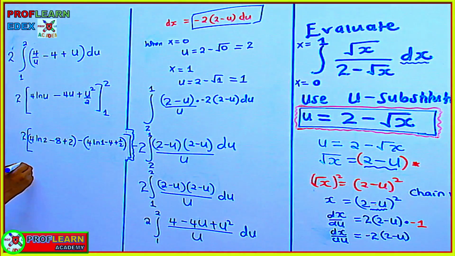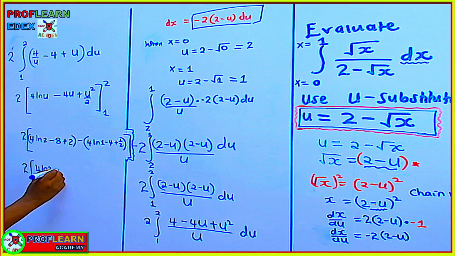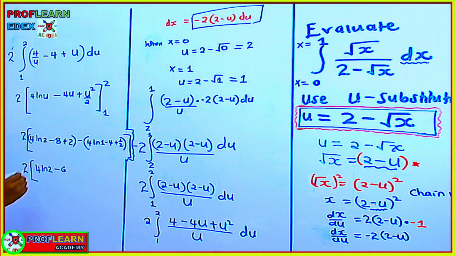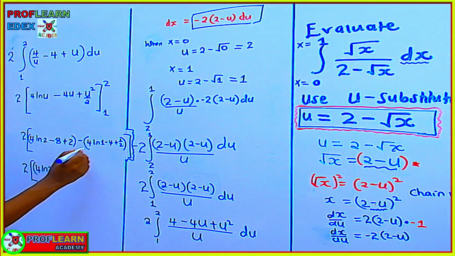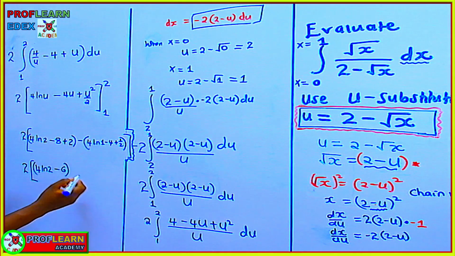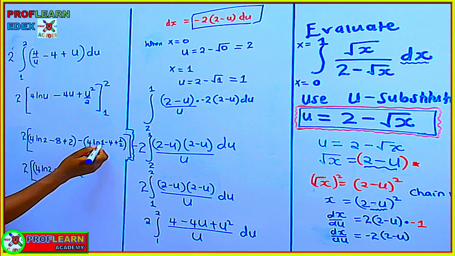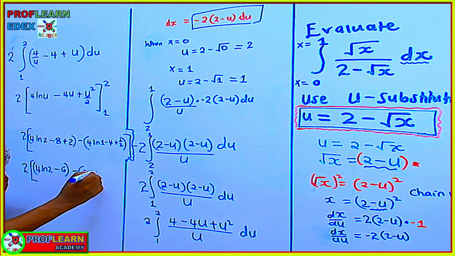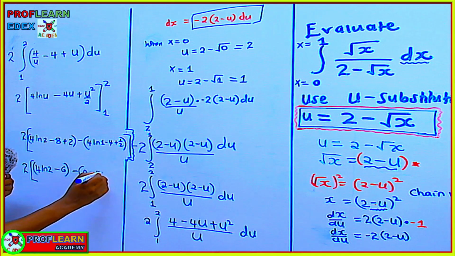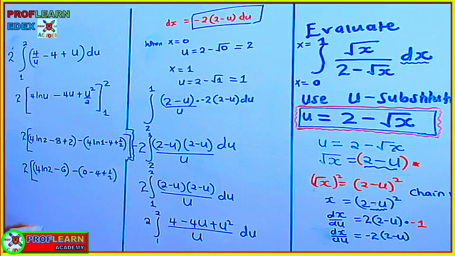Now simplifying what we have, we shall have 2 into bracket, 4 ln of 2 will just remain 4 ln of 2. This will be minus 6. Ln of 1 is 0, so it will be minus 0. So this is 4 times 0 minus 4, and then plus a half.